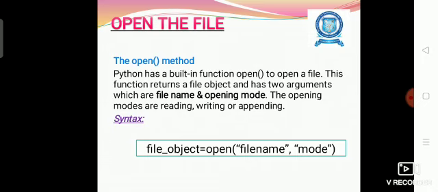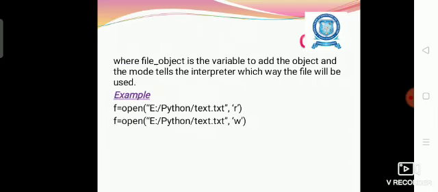With this variable only we are going to refer to this file in the entire program. The variable is otherwise called an object here. So whenever we want to refer to the file for read or write, we have to mention this file object.